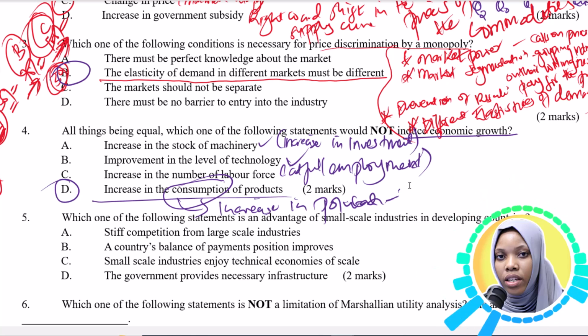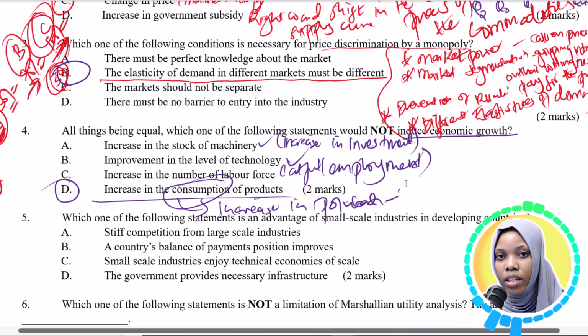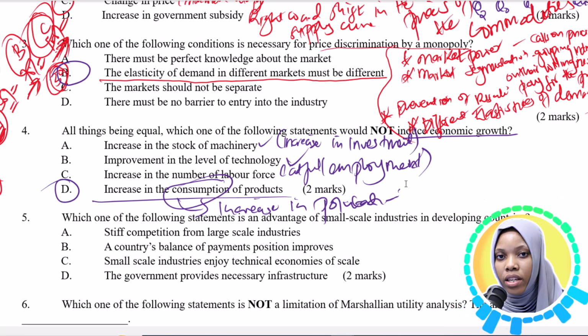Let's move to question number 5, which reads, which one of the following statements is an advantage of small-scale industries in developing countries? Stiff competition from large-scale industries. Stiff competition is a disadvantage to small-scale industries.